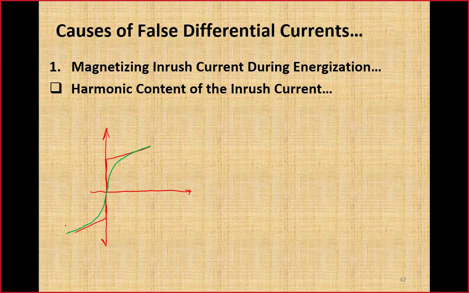Instead of using this continuously varying characteristic, we have assumed that in the linear region the slope of this characteristic is infinity, and in the saturation region it has a very small slope. That will make our analysis simple. Now what happens by assuming that the slope is infinity during the linear region?